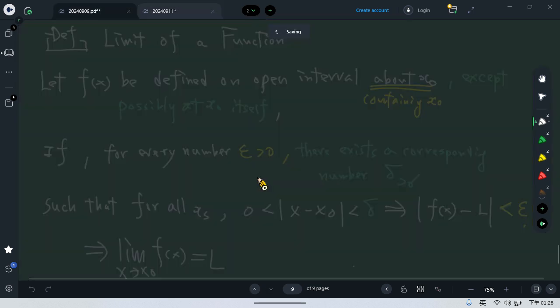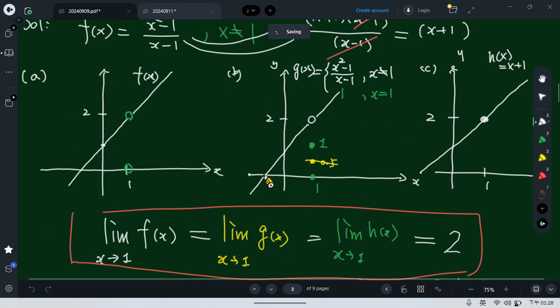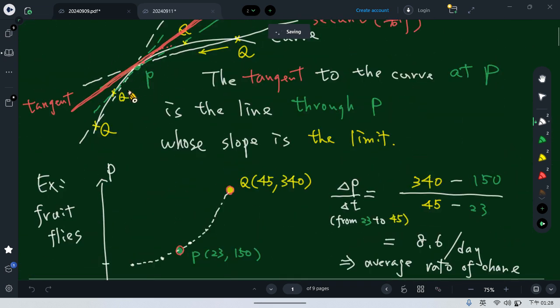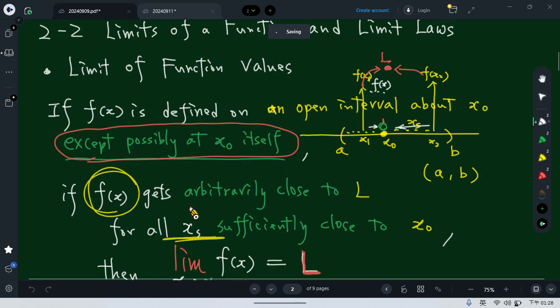In the previous section, we talked about this. When we defined what the limit is, we followed this way. Then we also use this one: the f(x) value will be very close to L when x is sufficiently close to x0.